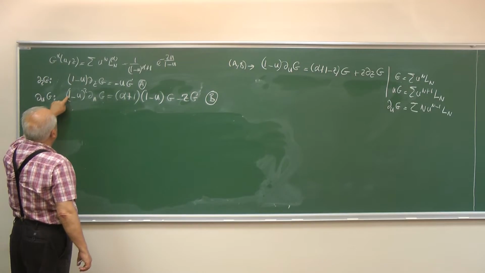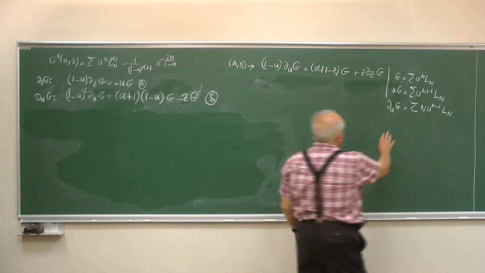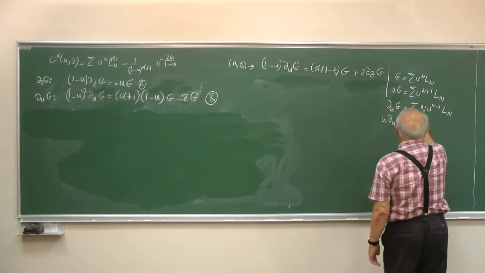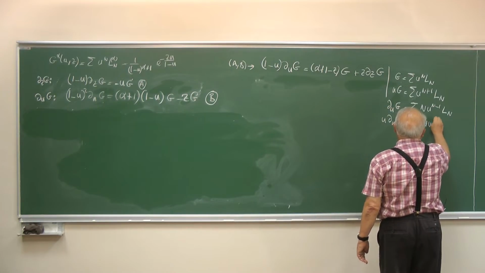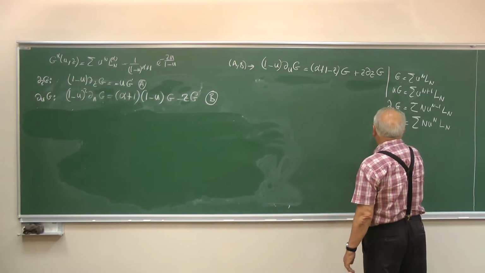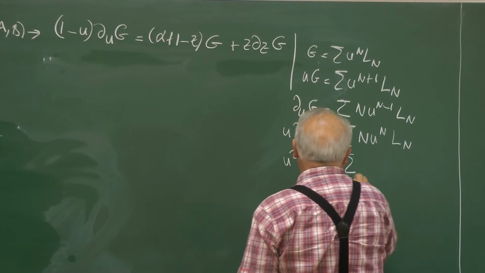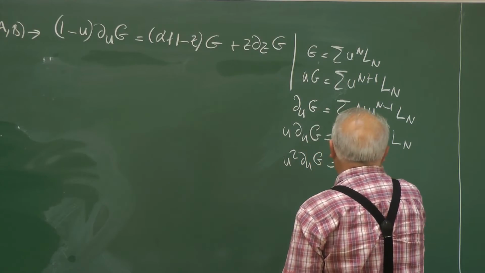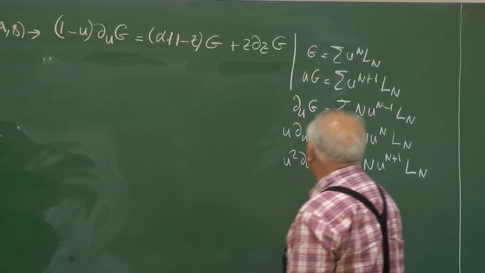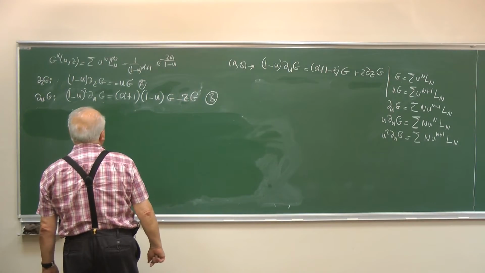So it's multiplied by 1, multiplied by u, and multiplied by u square. If it's multiplied by 1, it is that. Then we have u delta u G. So that's n u^n L_n. Then we have u square delta u G. That's equal to n u^(n+1) L_n. So that's about it with G and d u G.